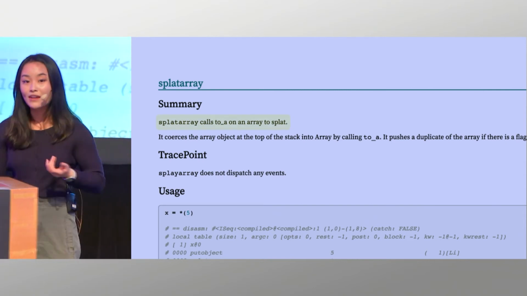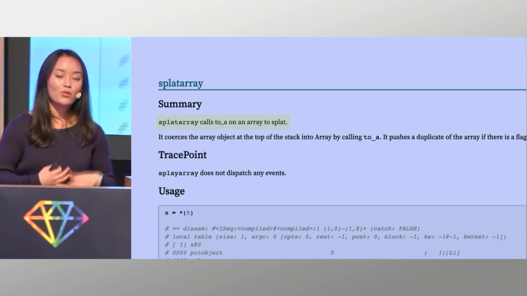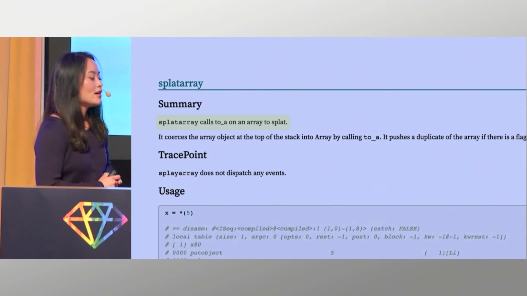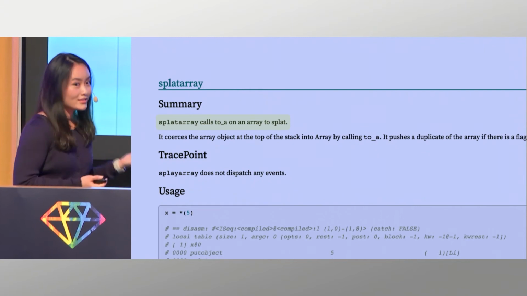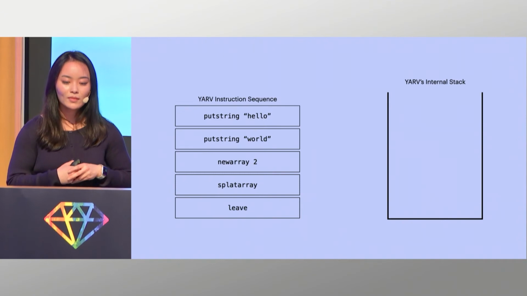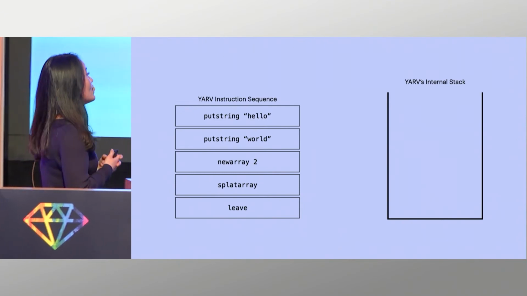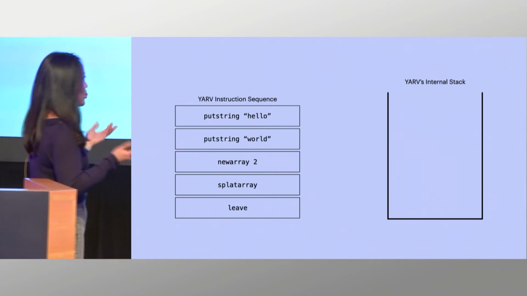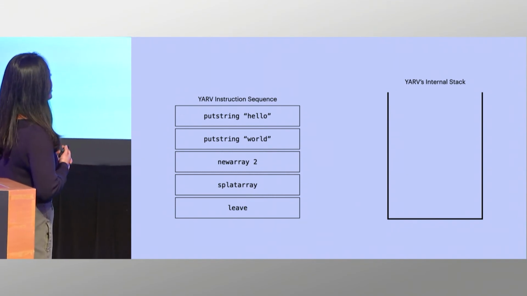The reason why we have splat array is because we can't assume that whatever is on the stack is an array. And so splat array exists to make sure that we're actually working with an array. All right, so let's take a look at how the Ruby VM, or YARV, would execute these instructions.